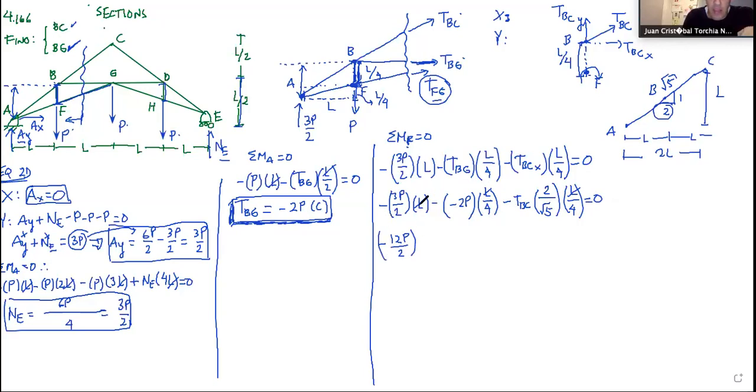I have that times 1, minus 2p times 1, okay, so 1 because I multiply everything by 4, minus TBC, and I had a 4, this 4 is gone from here, so I will have 2 over the square root of 5, okay, equals 0. Okay, there.